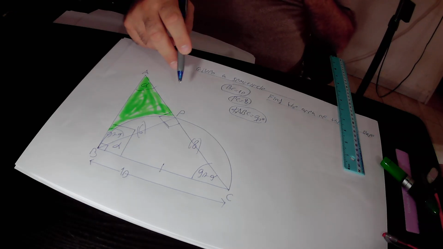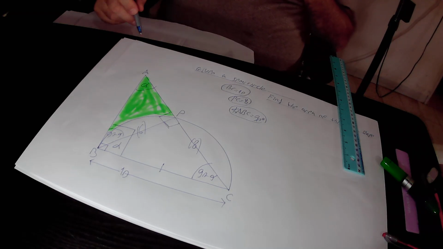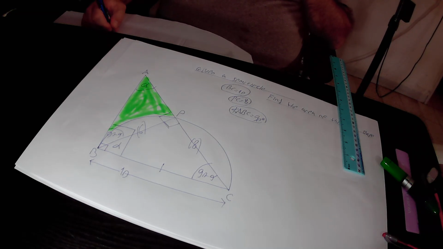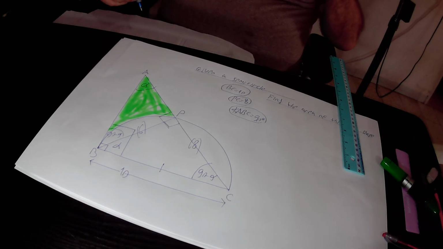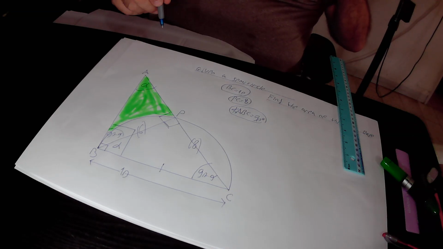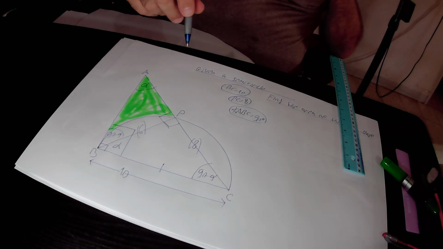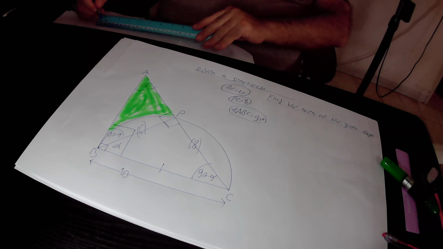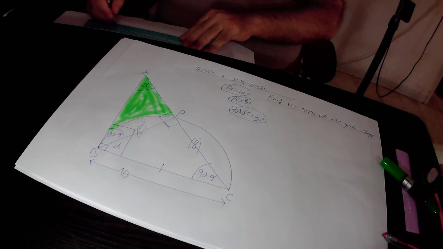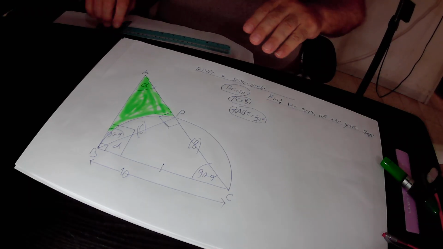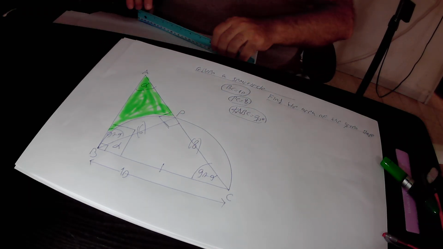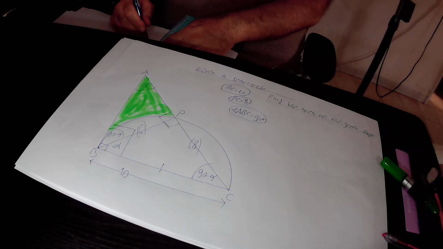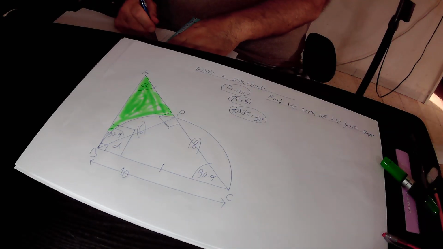side PB of the right triangle ABP over side PC of the right triangle PCB. So I repeat again, from the fact that those two right triangles are similar to each other, we derive that the following relationship exists between their sides.